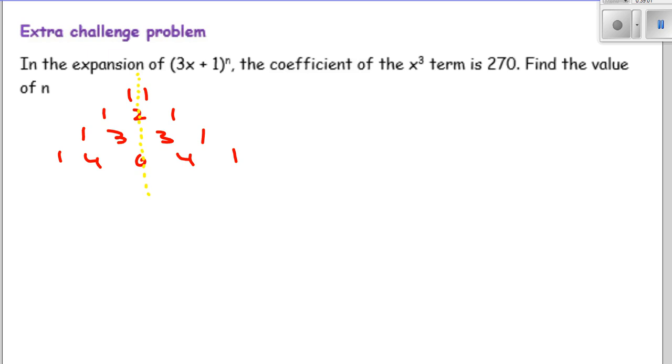So this kind of problem helps if you are aware that this term here is the same as that term there, and that term there is the same as that term there. Similarly, the next one would be 1, 5, 10, 10, 5, 1.